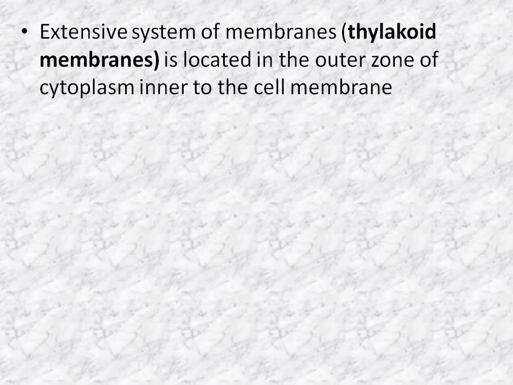So thylakoid-like structures are not present in bacteria, but thylakoid membranes are present in cyanobacteria, and they are more advanced, or they have a structure that is more closely related to eukaryotes.